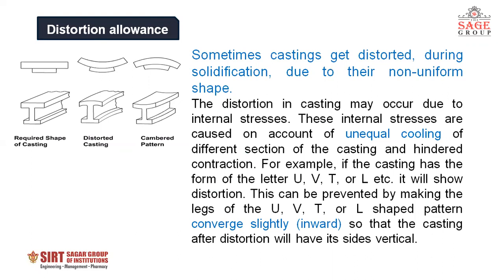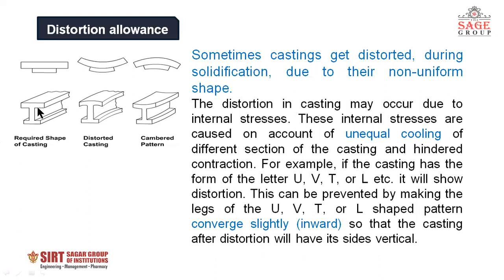To eliminate this type of defect in casting, a distortion allowance is provided, and that allowance will be in the form of shape, not additional dimensions. We have to change the geometry.